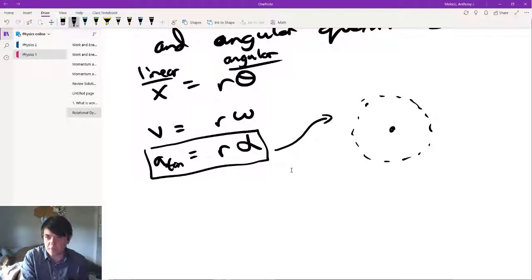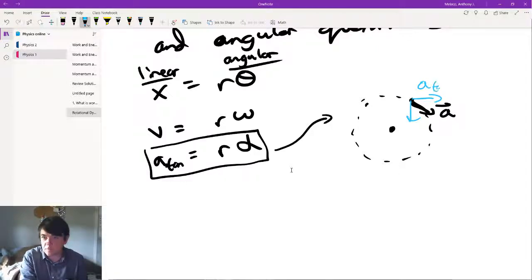Now expanding on this a bit. If you're moving about an axis of rotation, your net acceleration will be in this direction. Okay, so this is your a for your linear acceleration. It's tangent to the circle, but it's also composed of 2 different other accelerations. Because it's a vector, right? You can break it into components.